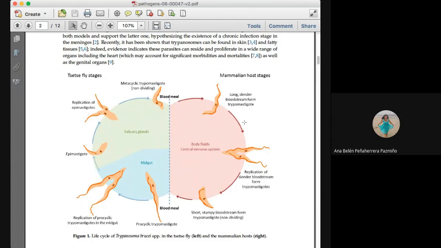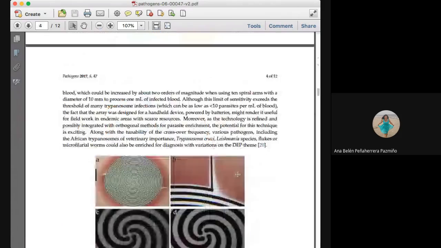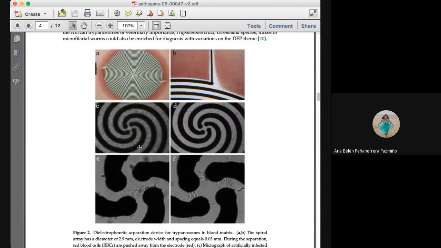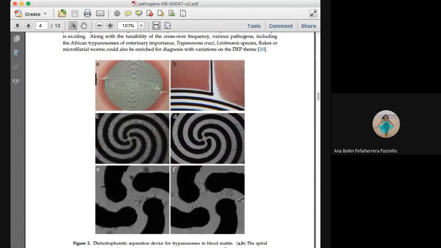I will show you the studies. The first study uses an electrophoretic microfluidic device. You can see at the borders they use it to separate blood. At the borders, the blood erythrocytes stay, and the parasites go to the center of the microfluidic device.